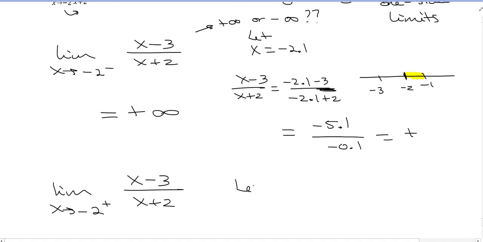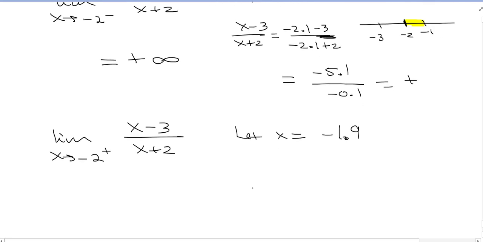So you can pick, let x be -1.9. You're still in the -1 point something, coming up to -2. So let x be -1.9, plug it in.